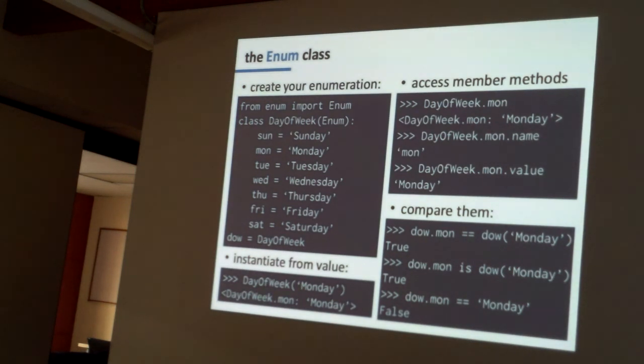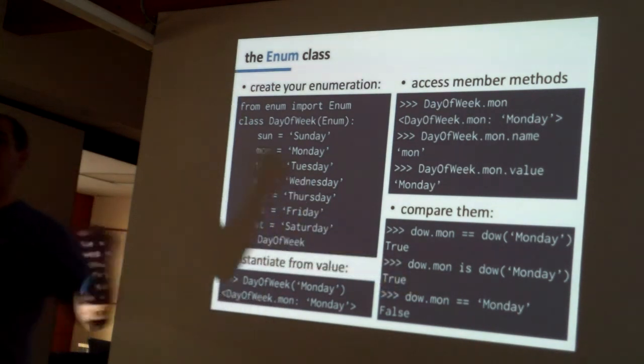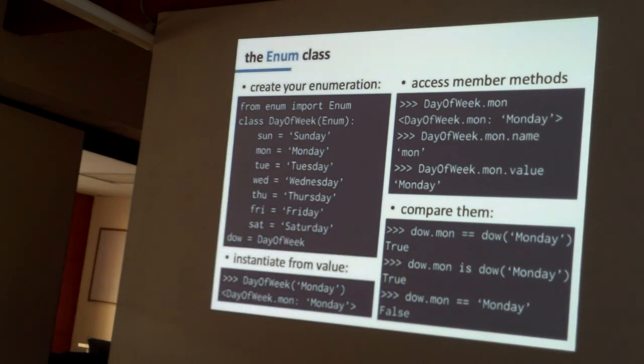If in one of those places you write Monday with a capital M instead of a lowercase m or whatever, your code is going to run through that, say they're not equal, and keep going. And you're going to have a really hard to debug issue. If you use one of these and you write dayofweek.mom, you're going to get an attribute error. Day of week has no attribute mom, and it's going to be clear that you made a typing mistake.